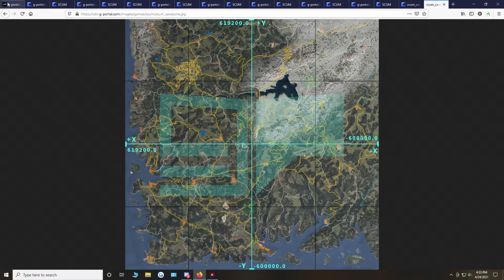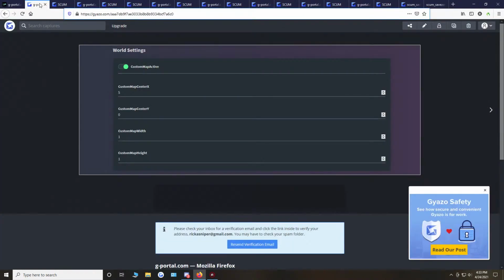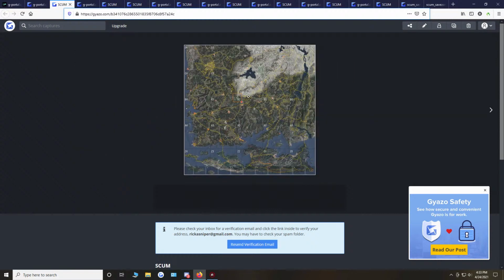I had to check. I did it like 4 or 5 times, but here's what I did first. I tried 5, 0 for the centers and 1 and 1 for height. Okay, and that's how small it is. But it still takes 2.5 minutes.